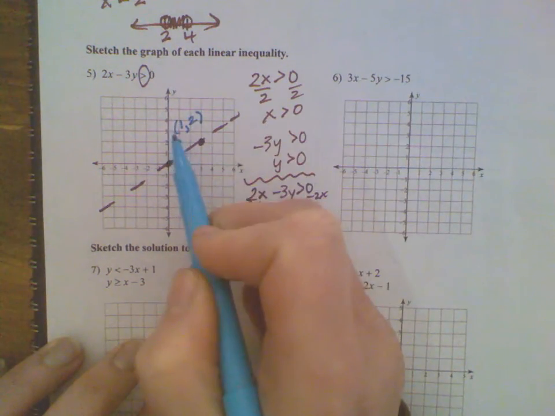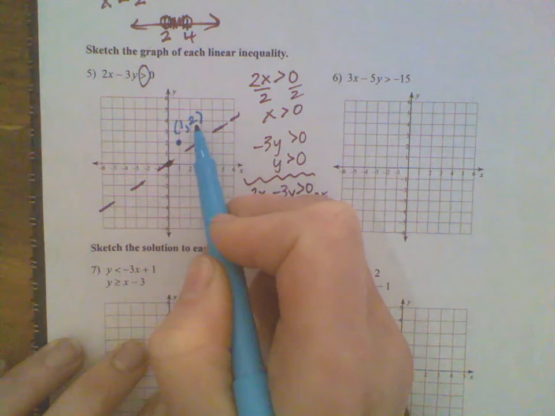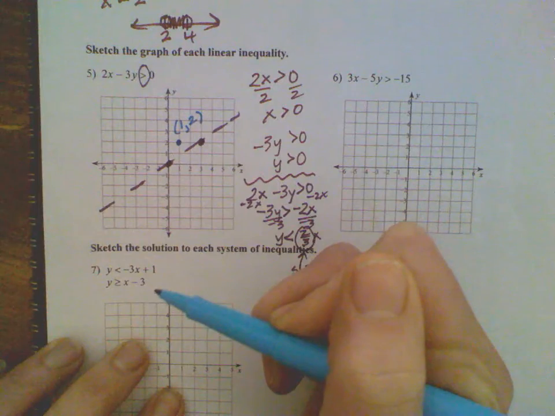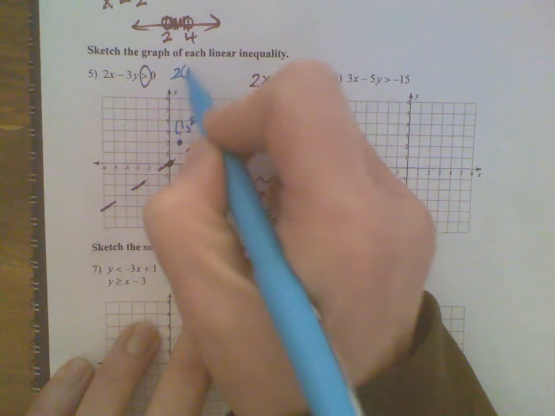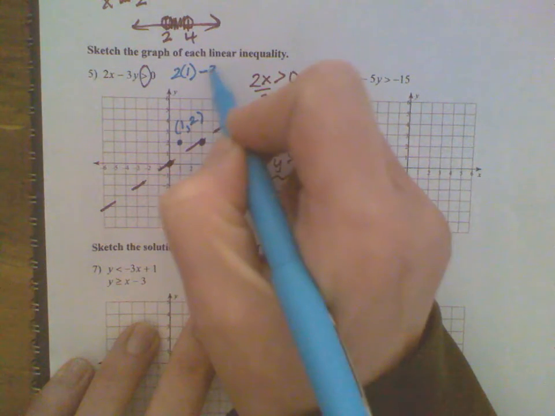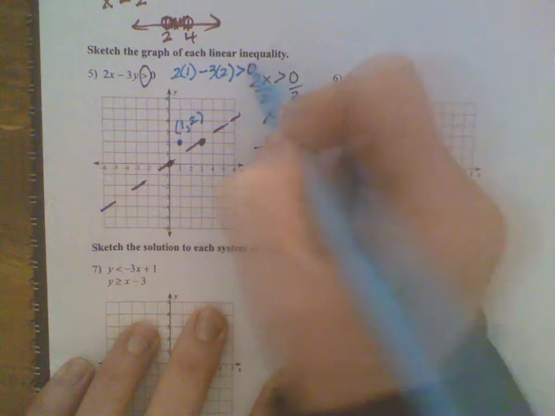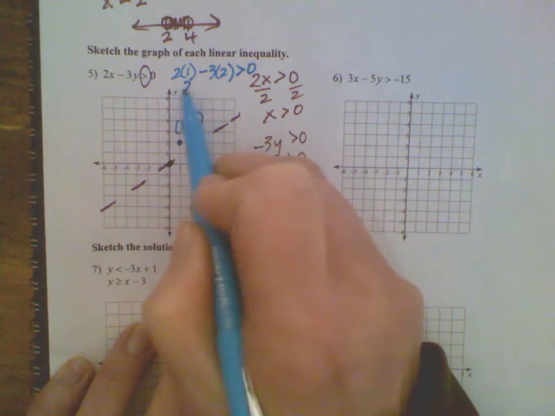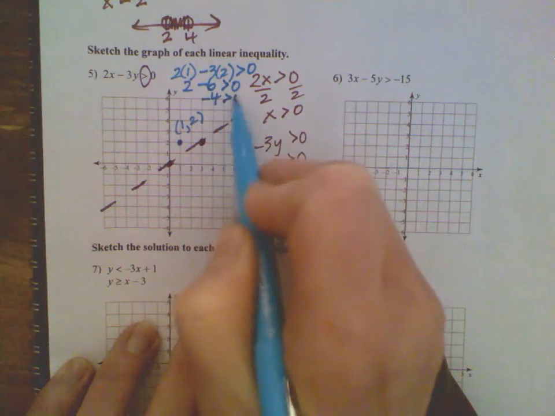That means I'm going to put in 1 for x and 2 for y, and I want to see if it comes out as a true statement. So this is 2 times 1 for x minus 3 times 2 for y, and I have to show that that's greater than 0. So 2 minus 6 is greater than 0. Negative 4 is greater than 0.